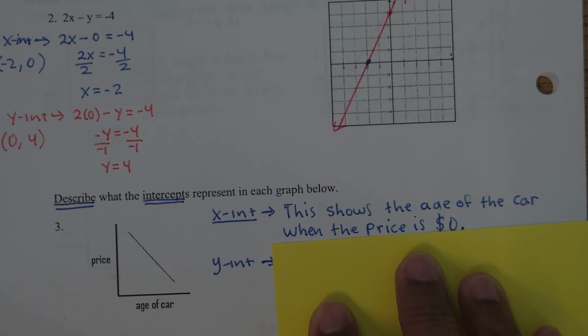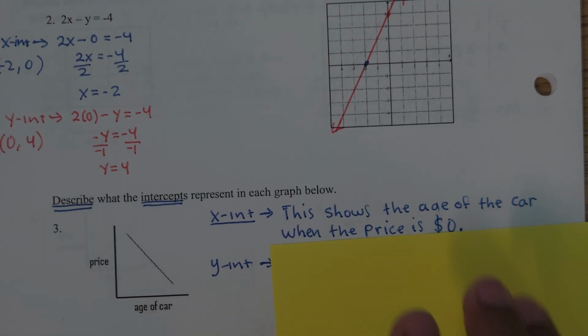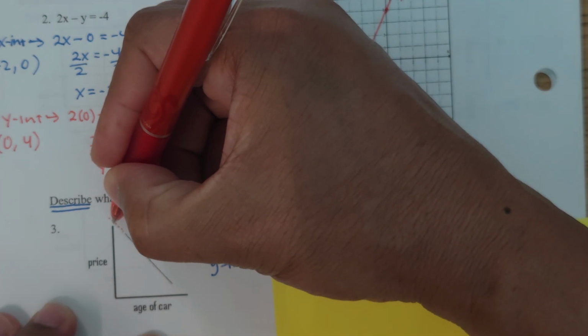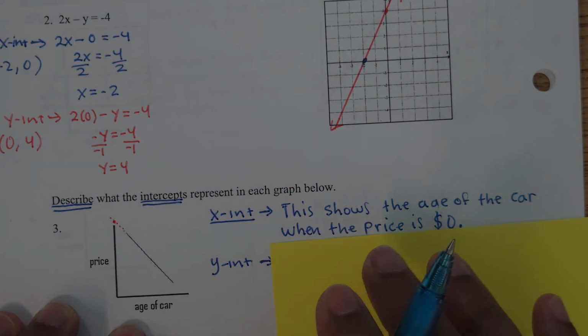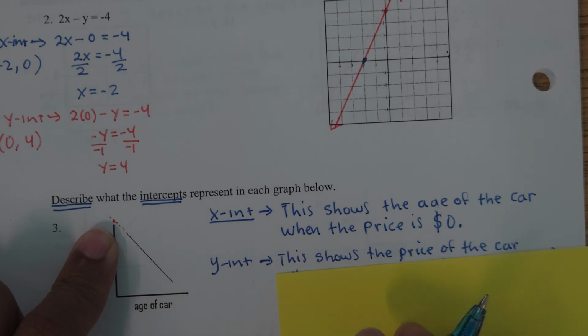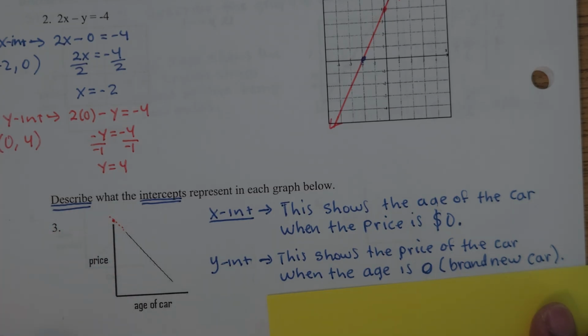Okay, and the y-intercept means, so imagine we could extend this line. It just keeps going, right? It just keeps going up here, and then it hits the y-axis at some point there. So then this just means when you first bought the car. Okay, so this shows the price of the car when the age is 0, which means the car is brand new. So that's the highest price.